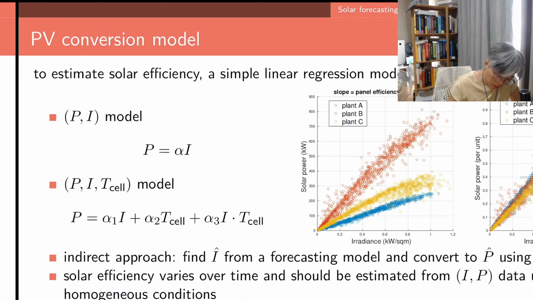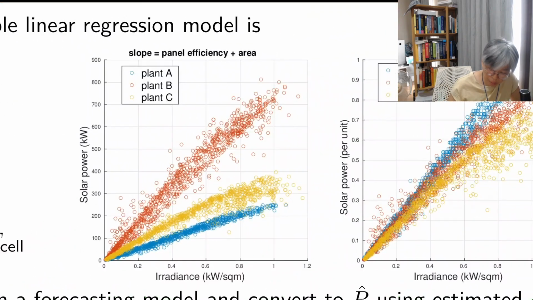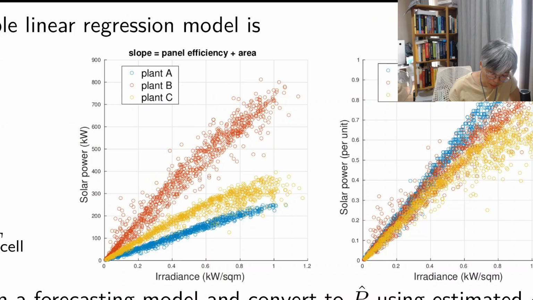We use P for solar power and I for solar irradiance. In this graph, I make a scatter plot between irradiance, in kilowatt per meter square, and solar power in kilowatt. Let's say I have three data sets from three solar plants with different installed capacity.